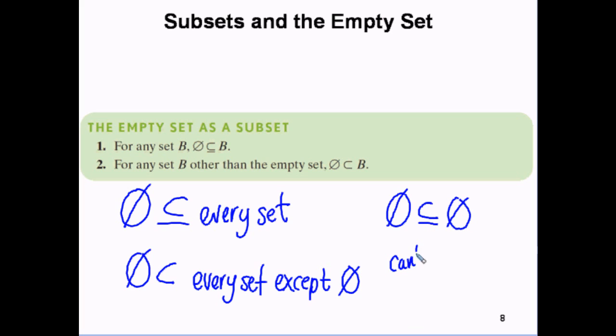You can't say the empty set is a proper subset of the empty set. This is not allowed. This is okay. Does that make sense? So basically it's a subset of every set. If you're talking about the empty set, I would just always use this symbol, and then you're always safe.